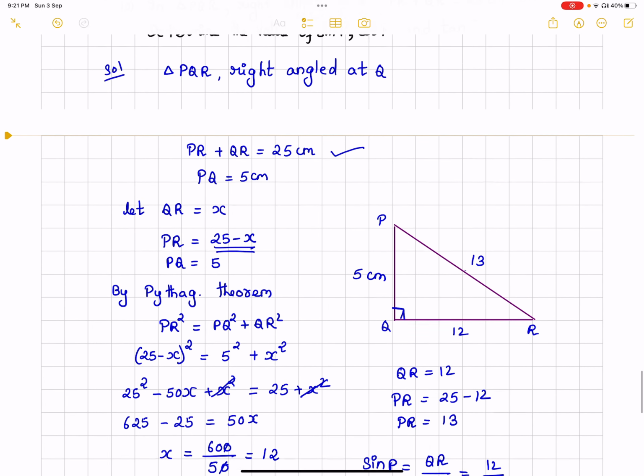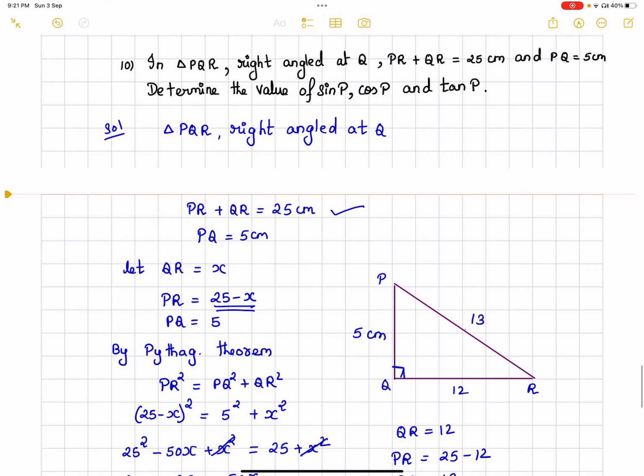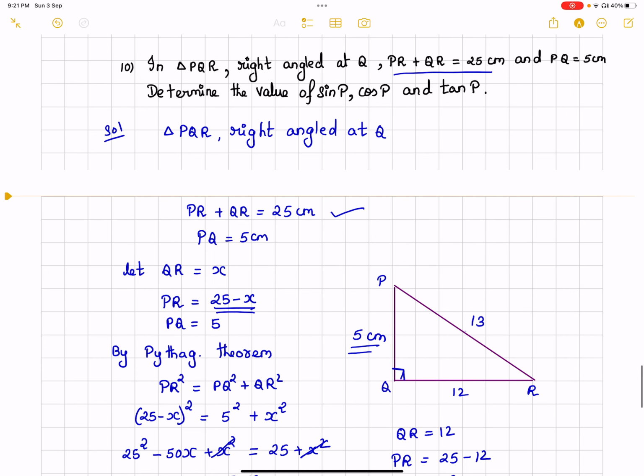So here they gave me only one particular side, 5, but they gave me one piece of information that was sufficient: my hypotenuse plus my QR is equal to 25. I assumed QR to be x, so PR is 25 minus x.